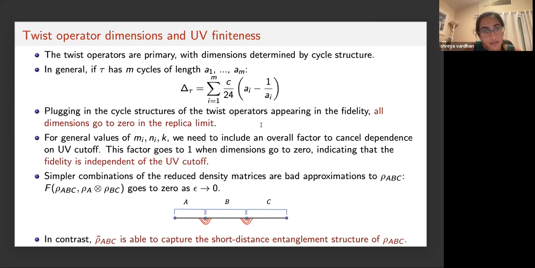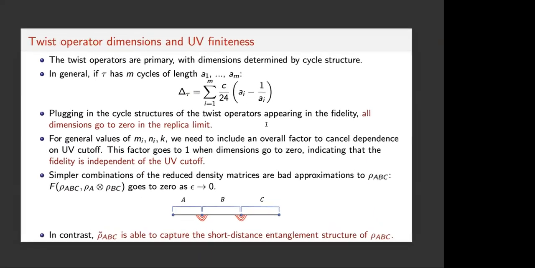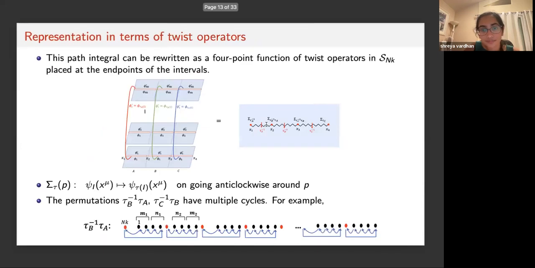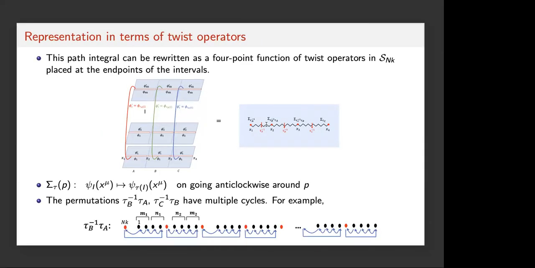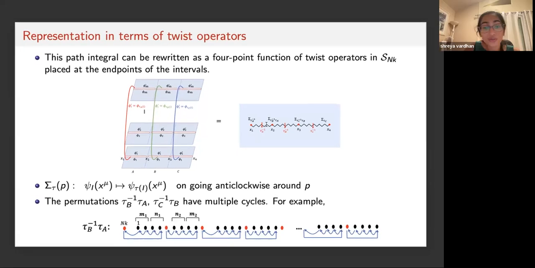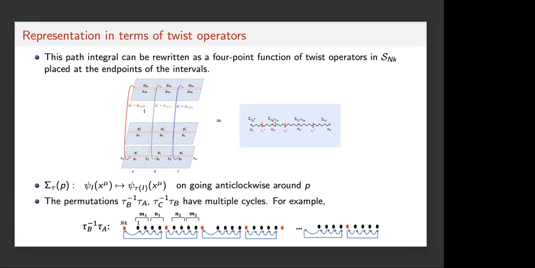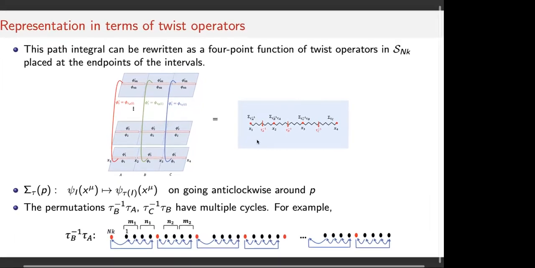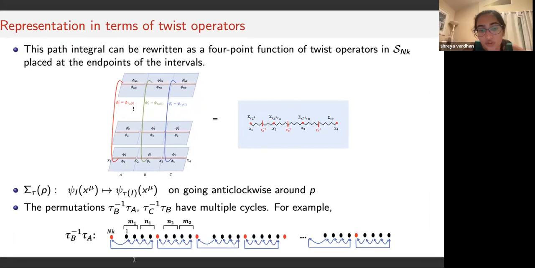I'm sorry, can you explain to me how you get the cycle shape? I was maybe dozing off when you tried to explain this picture at the bottom of this slide. I'm really sorry. No problem at all. So you mean how you identify that you should get tau B inverse? What is the cycle shape of some picture, how do I see that? You mean what cycle structure this picture corresponds to?